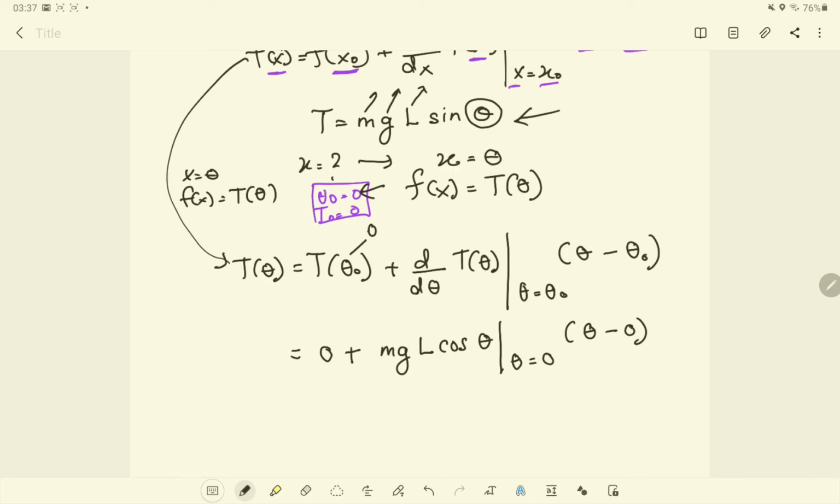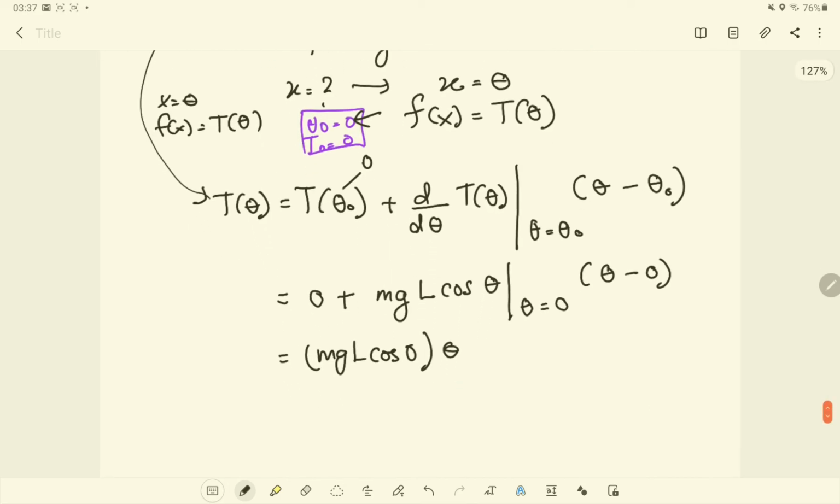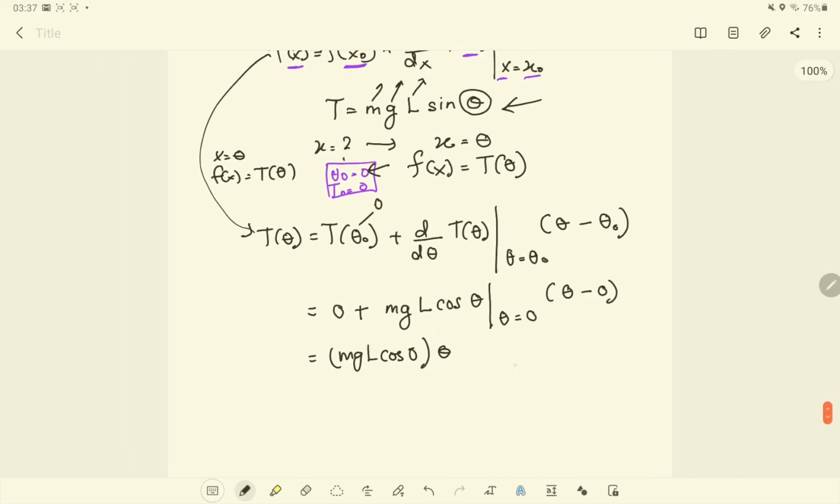So we substitute in the equation: mgl cos 0 times theta, where cos 0 is equal to 1.